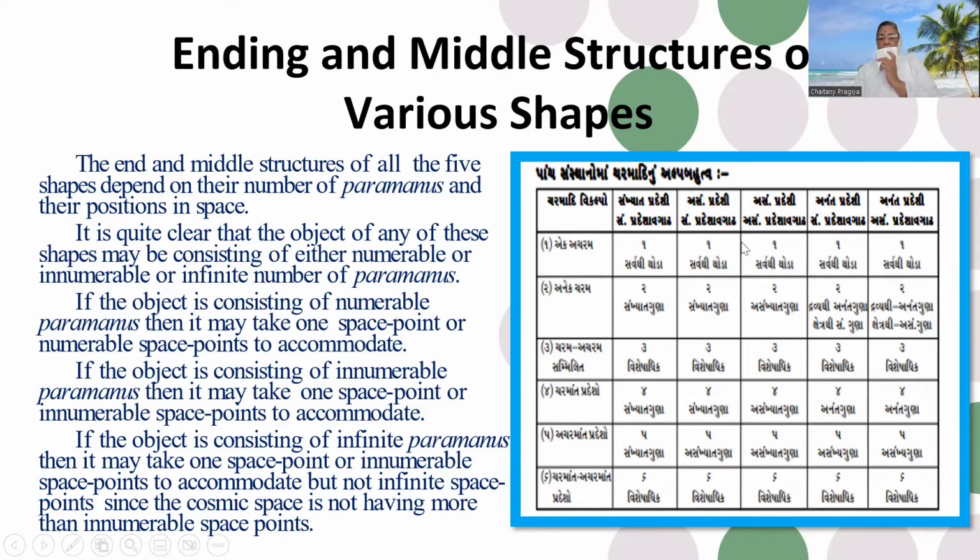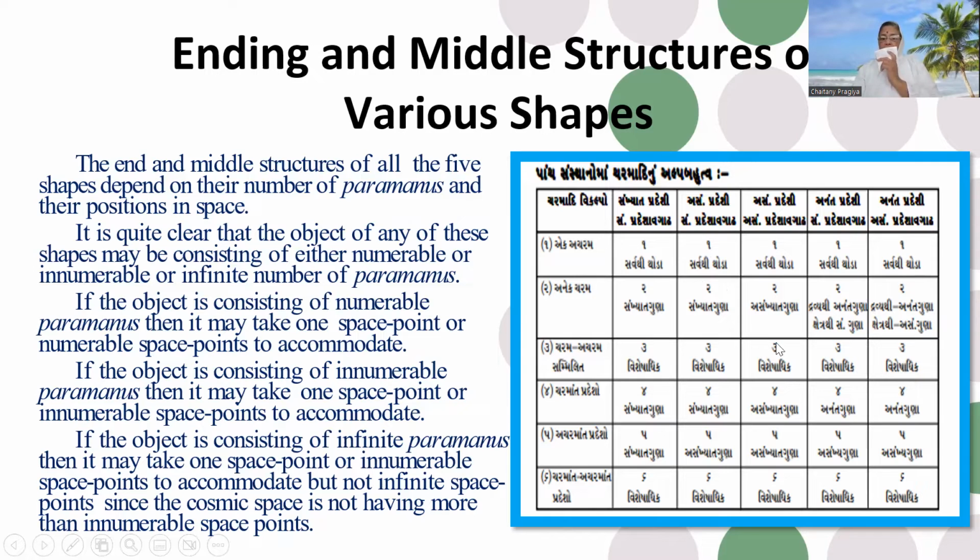And if the object consists of innumerable atoms, and they can spread in some space points, and they can also have many middle parts or middle atoms, such objects are also innumerable times more than those which do not have any kind of middle structure.